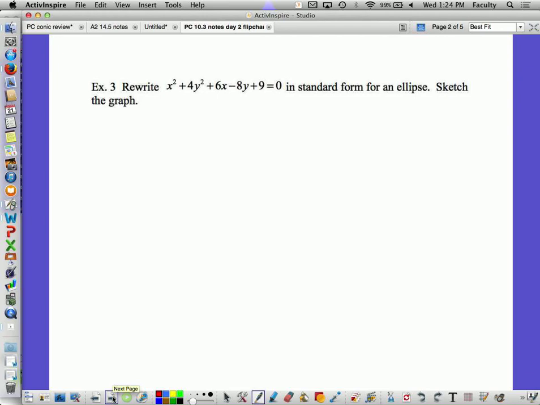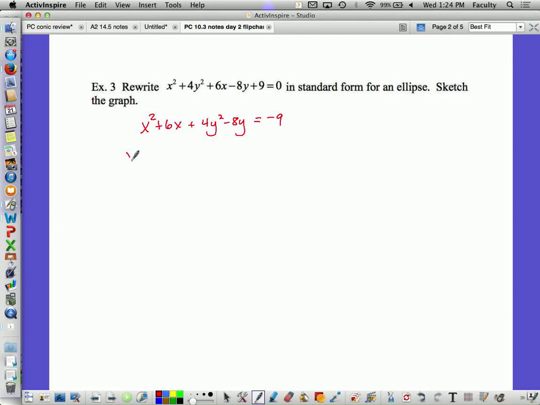So let's look at example 3. This is a continuation from yesterday. If we want to rewrite that equation in standard form, the first thing you're going to want to do is group together your x squareds and x, your y squareds and y, and move the constant to the other side. The goal here is we are trying to complete the square.